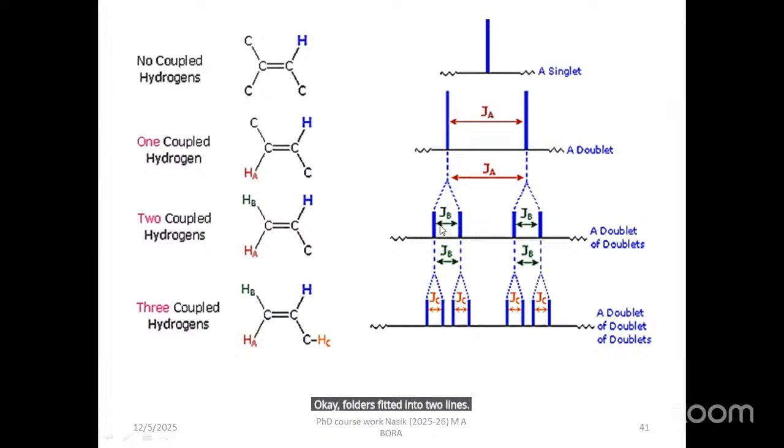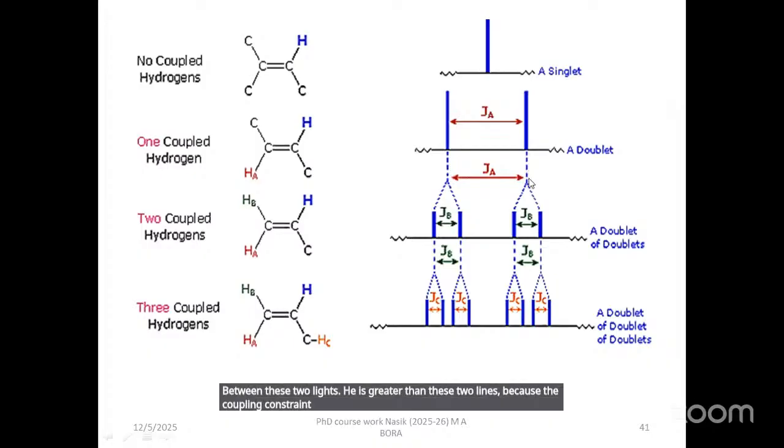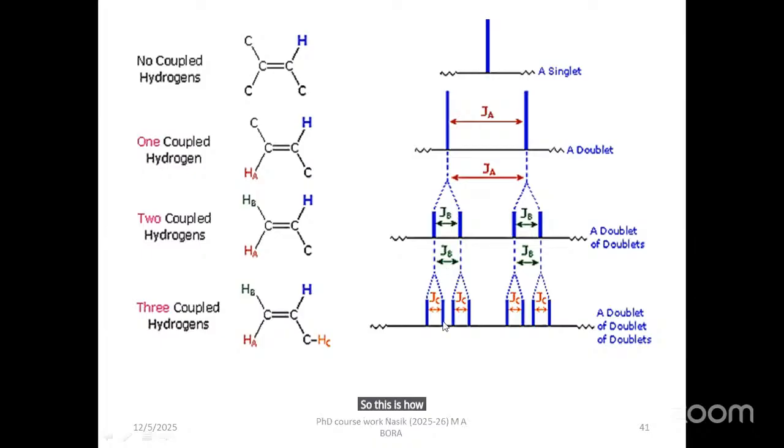The coupling between H and HB is less as compared to H and HA. Therefore, the first splitting will take place because of the trans coupling. The distance between these two lines is greater than between these two lines because the coupling constant of trans is greater than cis. So this is how the doublet of doublet will look.